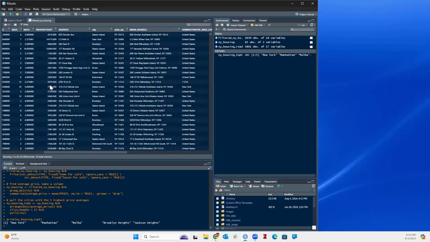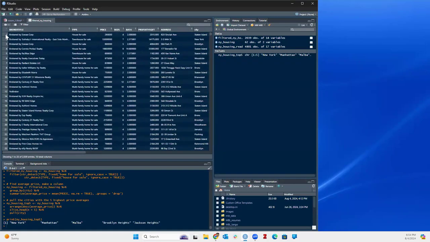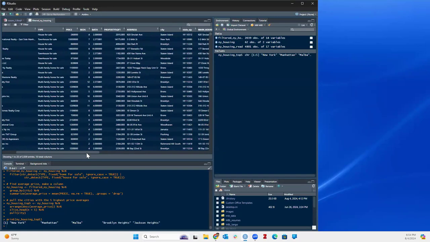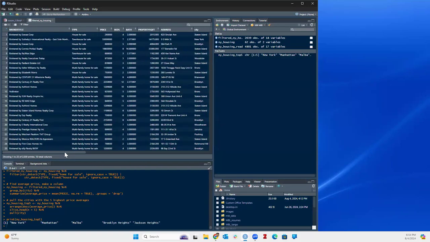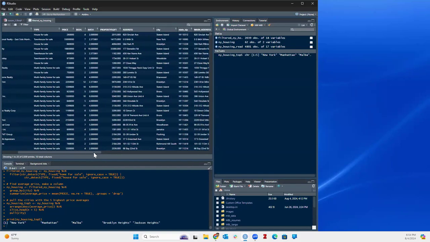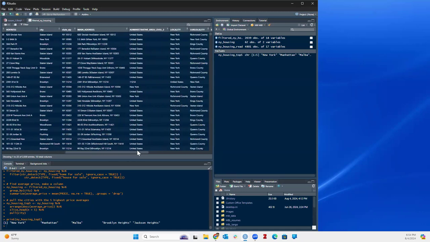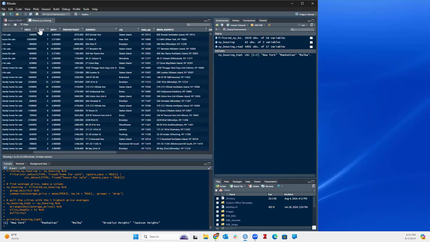Really what we're looking for is numeric. Property square footage is a number. Price is a number. So we're going to see the correlations between all of the numeric columns, although those are the two columns we're going to be specifically looking at.